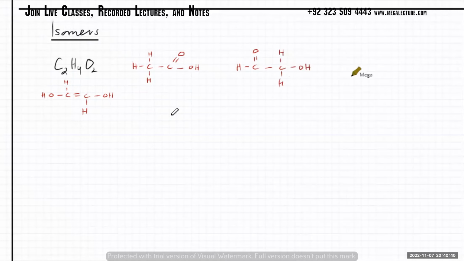Or maybe the oxygen could be in the middle with a double bond O. That could also be C2H4O2, right?